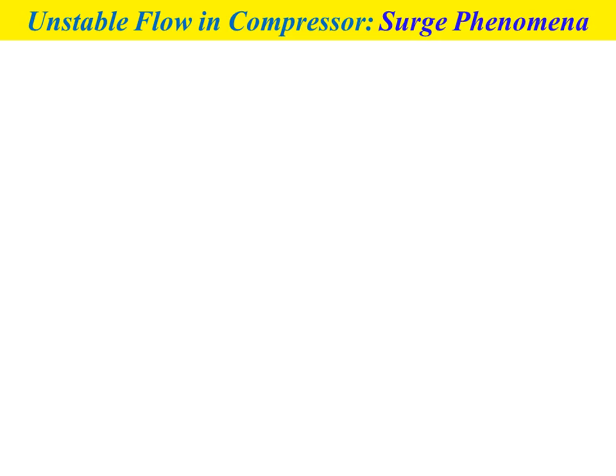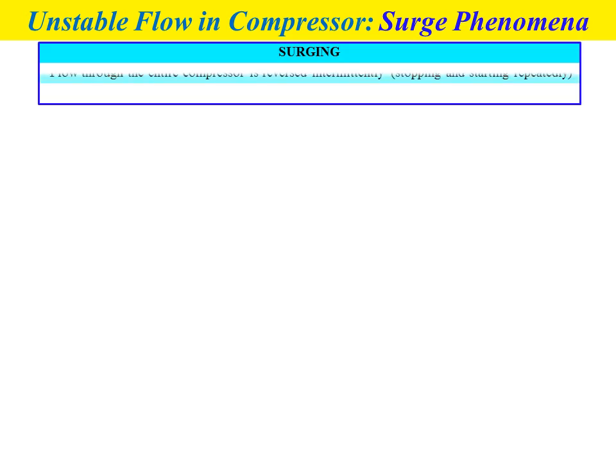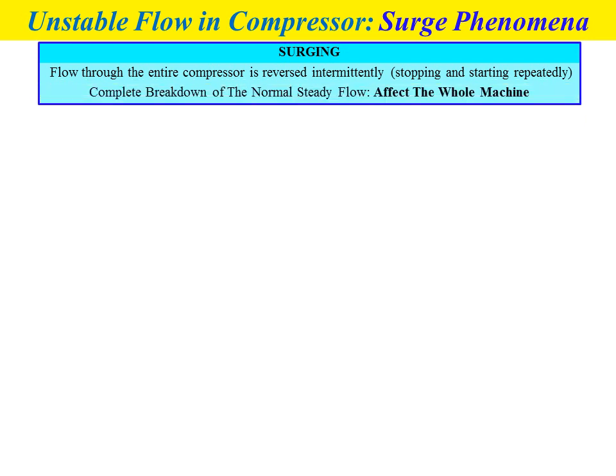Unstable flow in the compressor is due to the surge phenomenon. Surging refers to the flow through the entire compressor being reversed intermittently, where the stopping and starting of the surging process repeatedly occur. This phenomenon causes the complete breakdown of the normal steady flow and will affect the whole compressor.